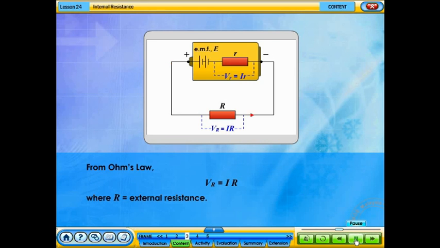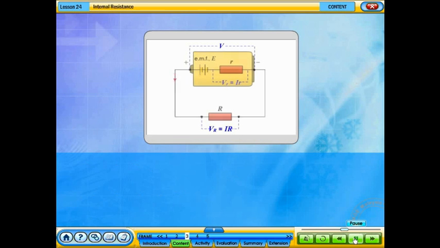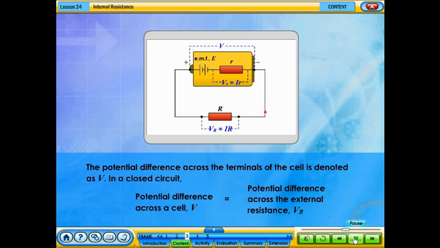From Ohm's law, the potential difference across the external resistance equals current times the external resistance R. The potential difference across the terminals of the cell is denoted as V. In a closed circuit, the potential difference across a cell V equals the potential difference across the external resistance VR.